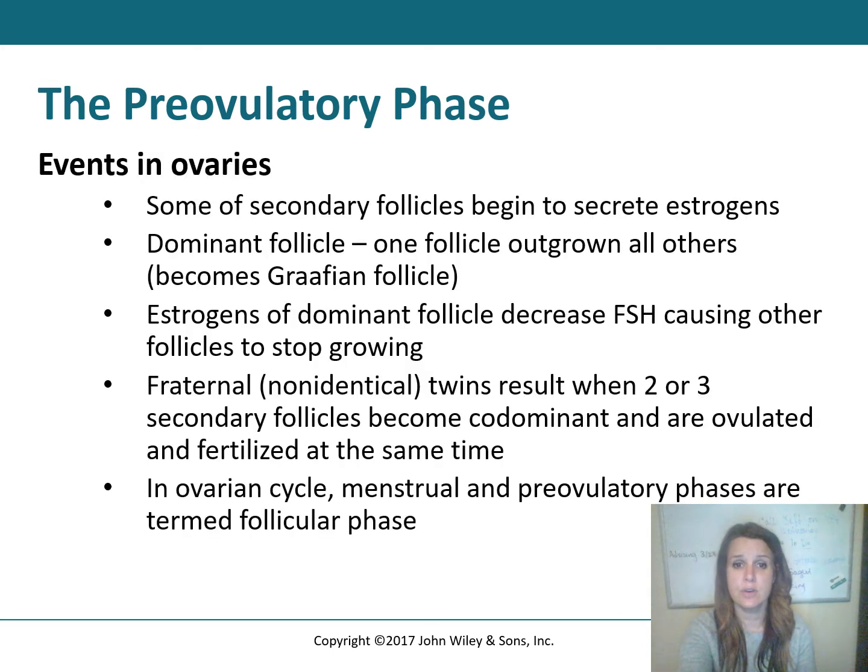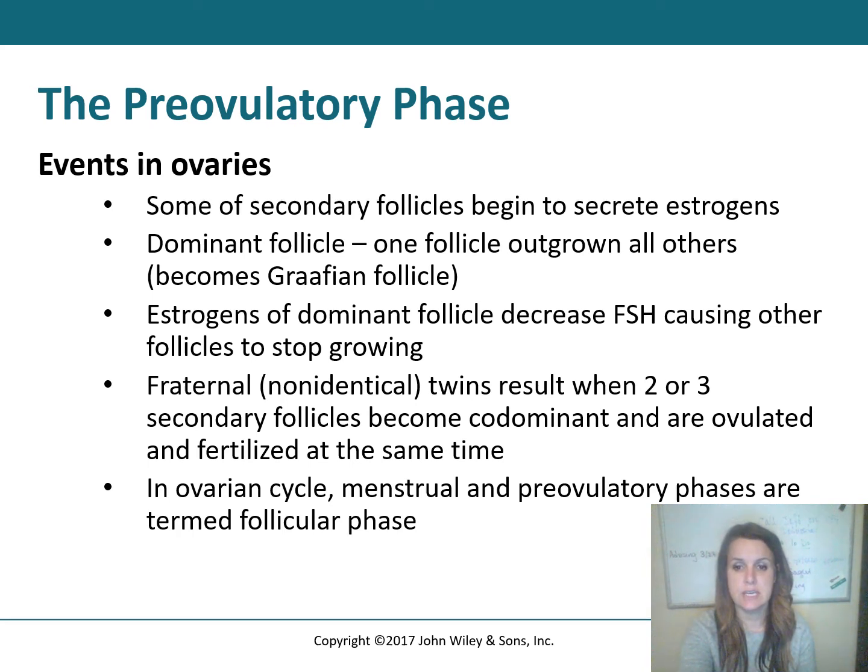So in the ovaries, some of the secondary follicles begin to secrete estrogens. And it turns out that there's one dominant follicle that starts to outgrow all the others, and this is what's going to become the mature or Graafian follicle. Estrogens in that dominant follicle cause a decrease in FSH, which stops all the other follicles from growing.